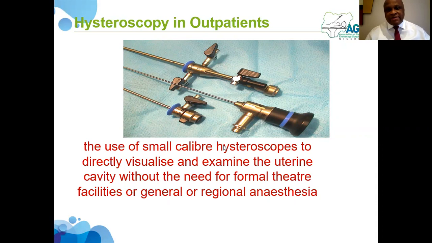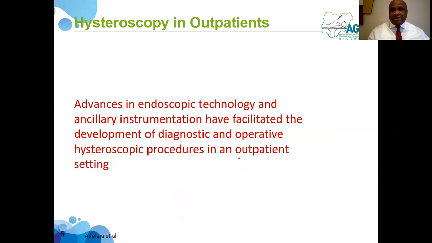Essentially, it involves the use of small caliber hysteroscopes to examine the uterine cavity without the need for formal theater settings and without general anesthetic. Obviously, this has been made possible because the instruments have been adapted, they're much smaller, so that you could use this without causing significant pain.